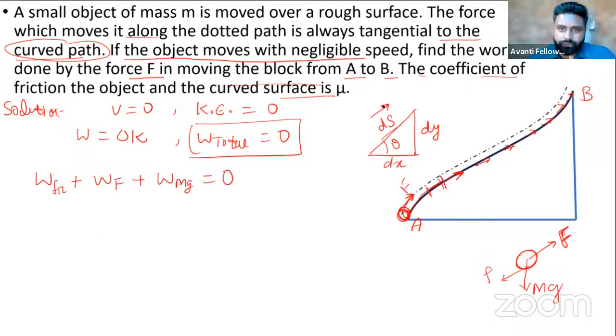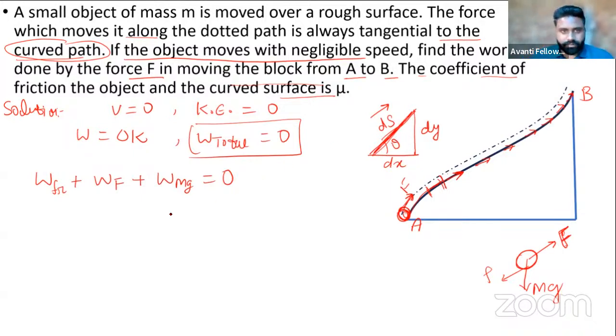Okay. So because the path is not a straight line, we would have to deal with it as a straight one. So we have considered a very small displacement, and then we will integrate.